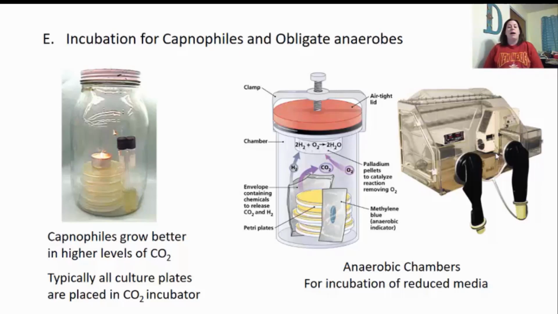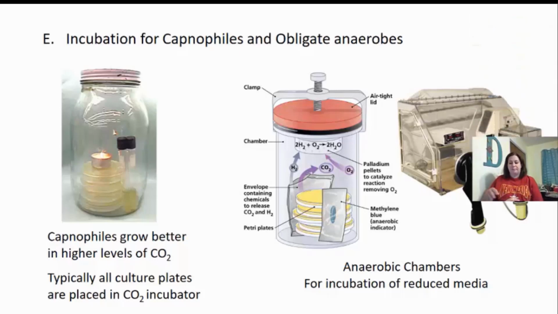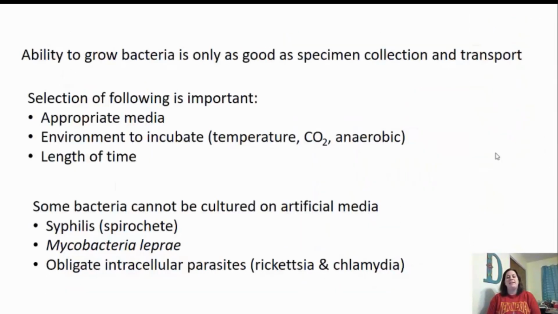The candle will burn until pretty much all the oxygen is used up and the CO2 is what's left behind. We also have anaerobic chambers. These are for incubation of reduced media, and remember they also need special conditions because they can't be around oxygen. The ability to grow bacteria is only as good as the specimen that's collected and how it is transported.